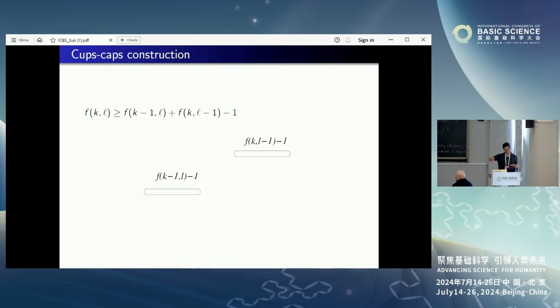Then you make these points very low, and take a second set slightly above the first set.